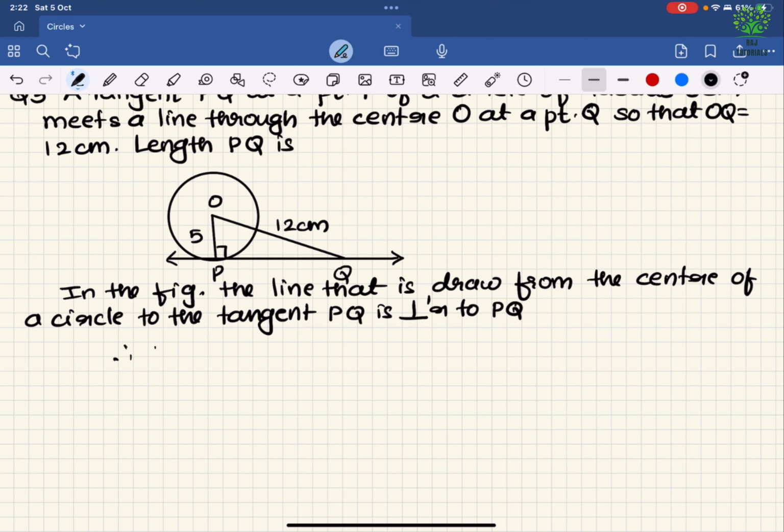So therefore I can say OP is perpendicular to PQ.